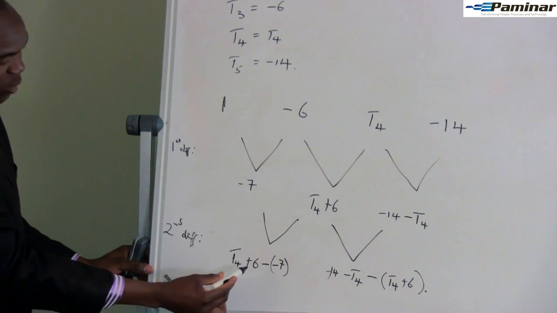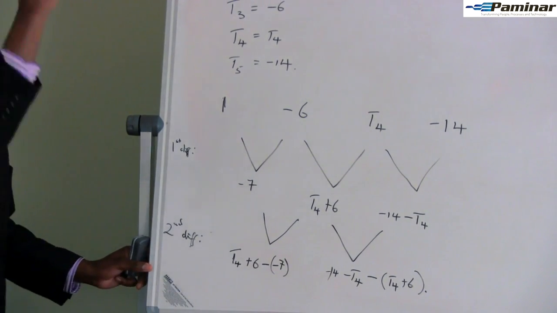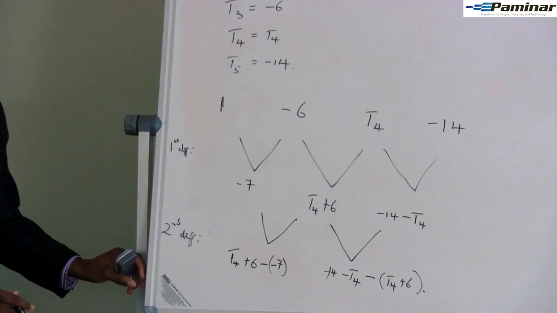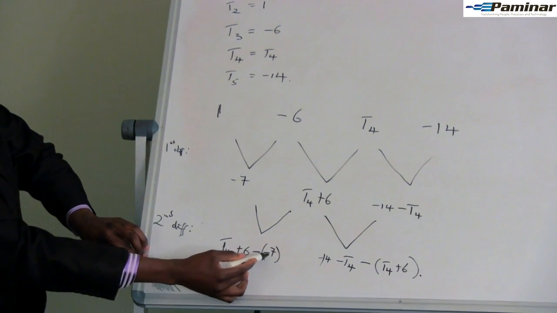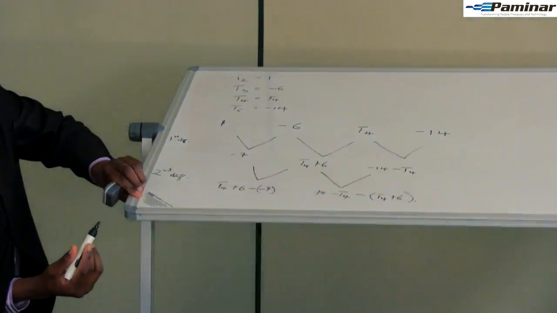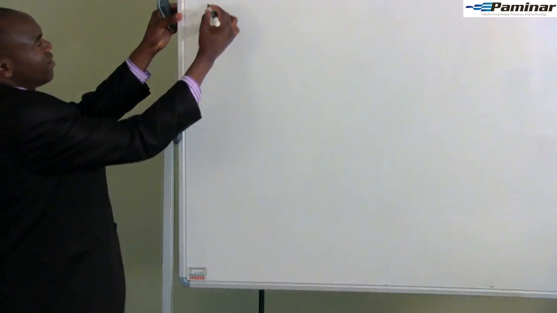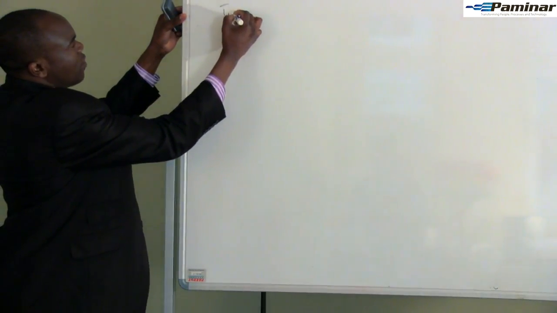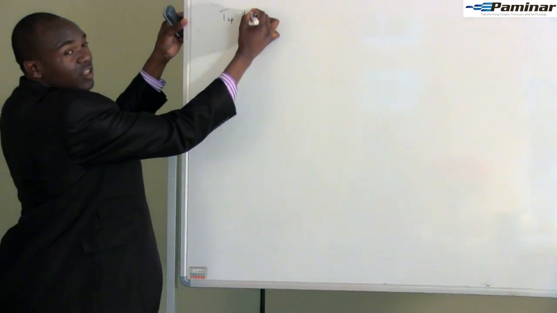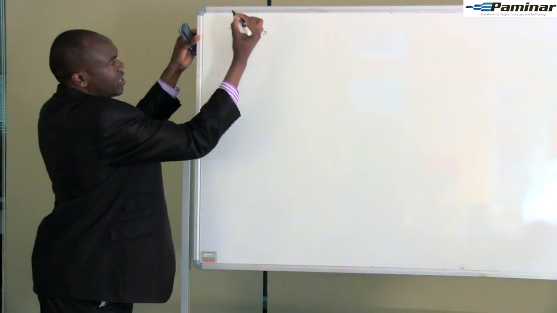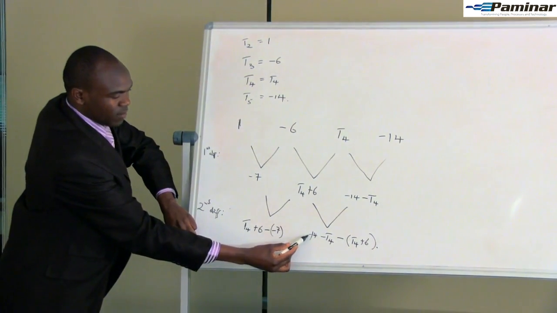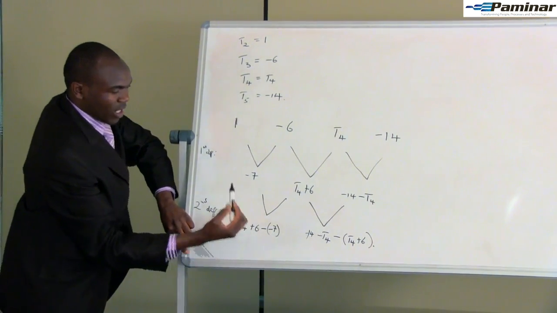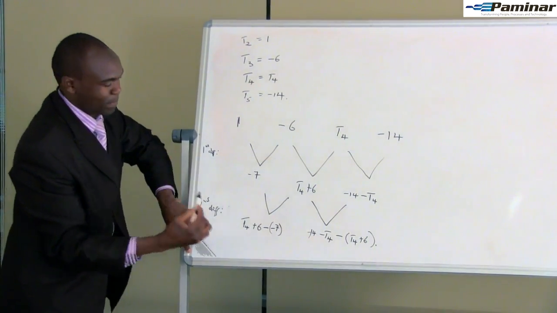Now, this one, let's take it from there. T4 plus 6 plus 7. What is the answer? It's T4 plus 13. And then this one, minus 14. Let's deal first of all with numbers.